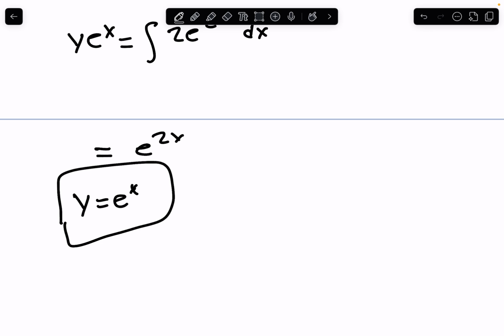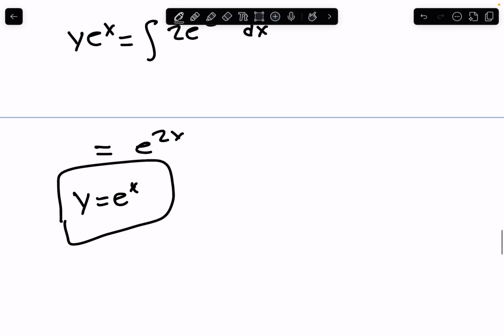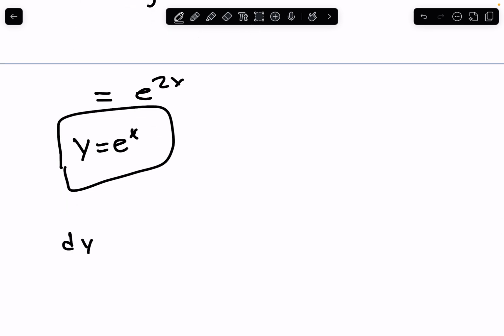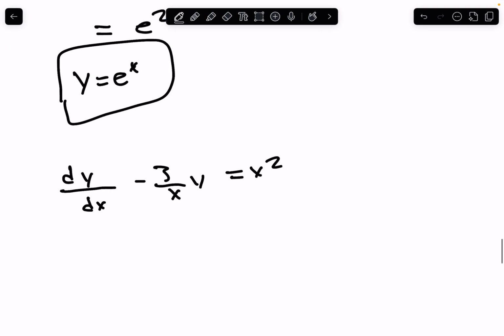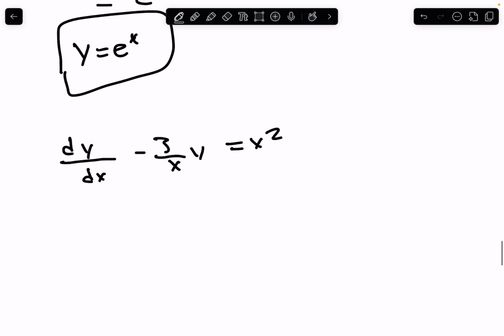Let's see another question. dy by dx minus 3 over x y equals x squared. Again, this time there is an x multiplied by y, so the integrating factor I will be equal to e to the integral of 3 over x, which we can write as 3 outside and 1 over x dx.